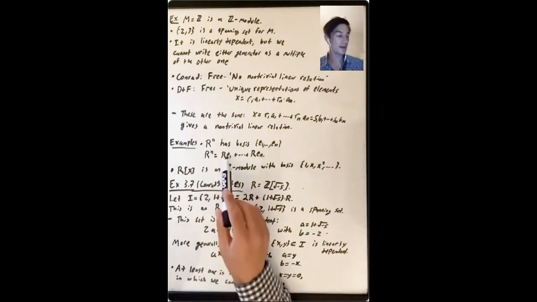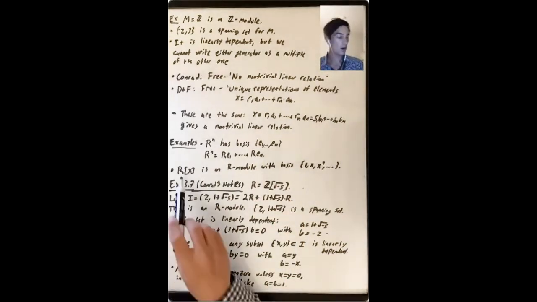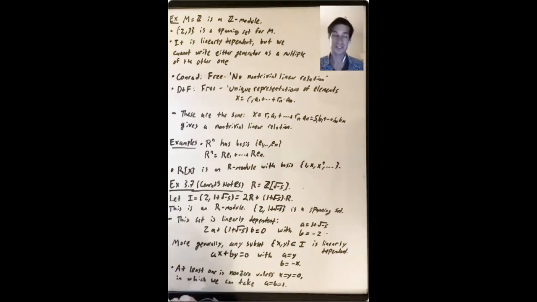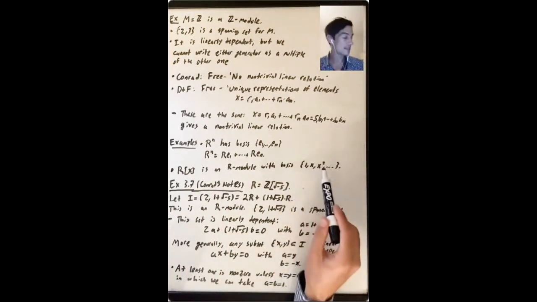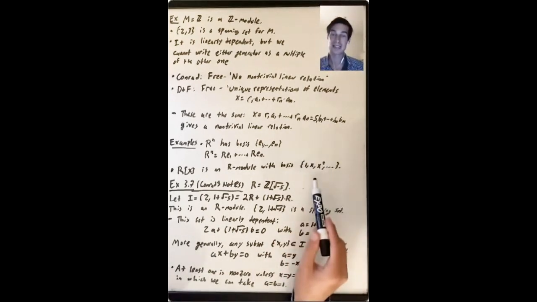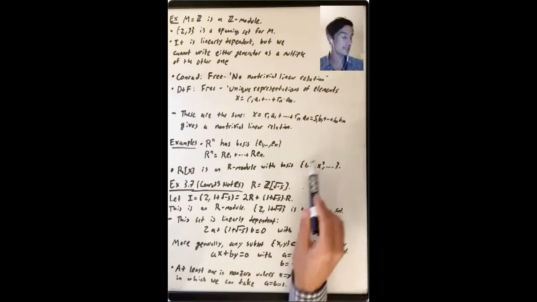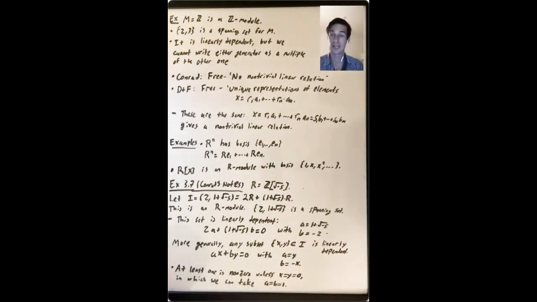You can write R^n as Re1 plus through plus Ren. R[x] is another example that we talked about already. This is an R module with basis 1, x, x squared, and so on. This is a spanning set, and it's linearly independent. There's no R linear combination of these powers of x that's going to give you 0, except if you take all of the coefficients, all the Ri's, to be equal to 0.